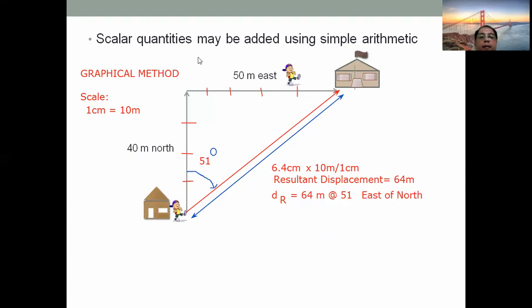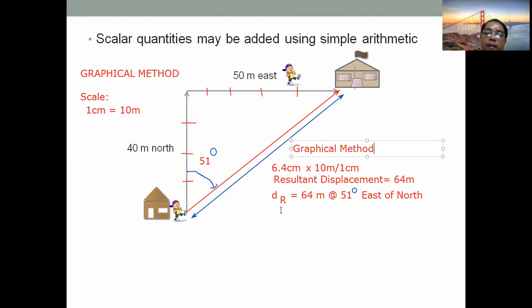So that's how we probably label our final resultant. So the school is in that direction. We call this the graphical approach because we use a ruler and protractor.